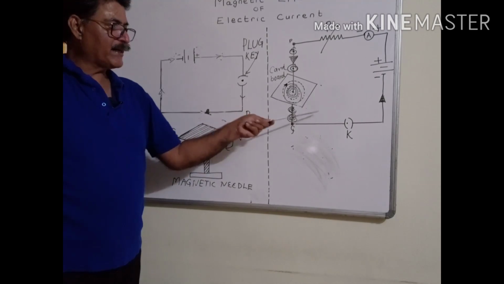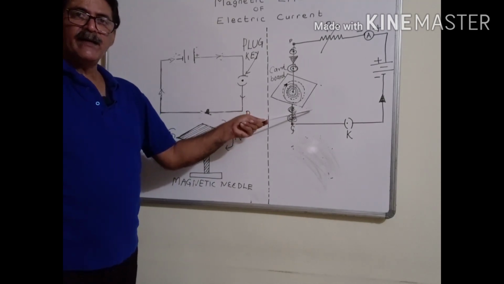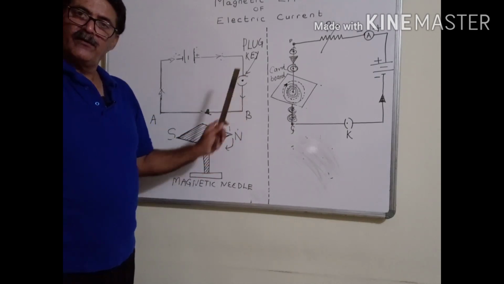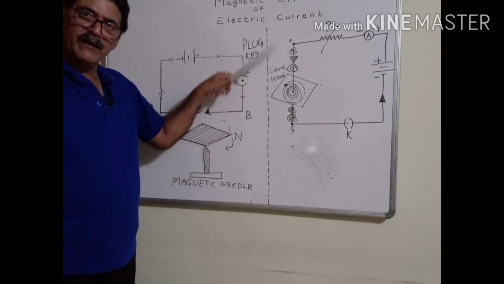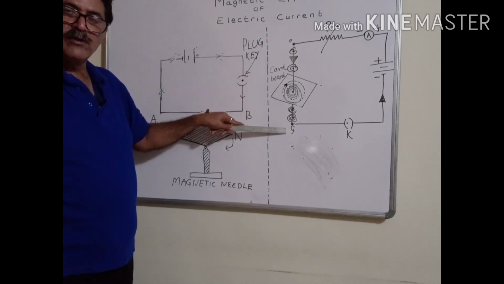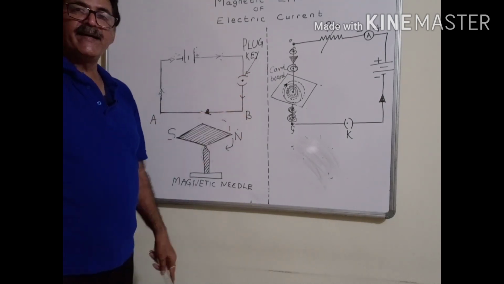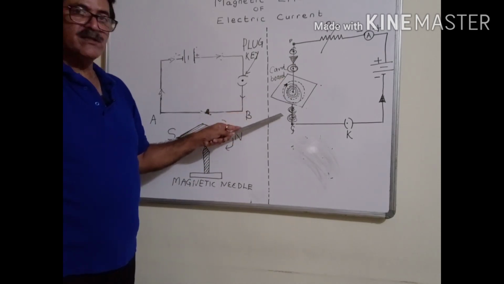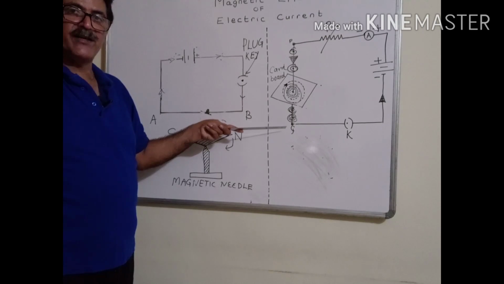First and foremost, this diagram depicts that when a current is passed through a straight conductor, right? Not only a straight conductor, but in this case it is a straight conductor. So you will say that when a current passes through the conductor PQ, a magnetic field is produced in the region around the conductor because the magnetic compass needle shows deflection.